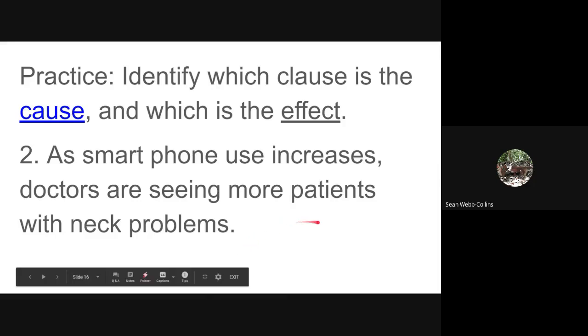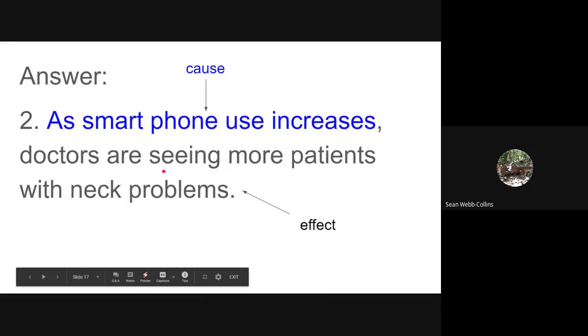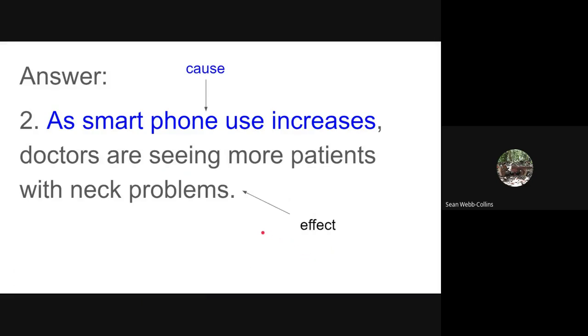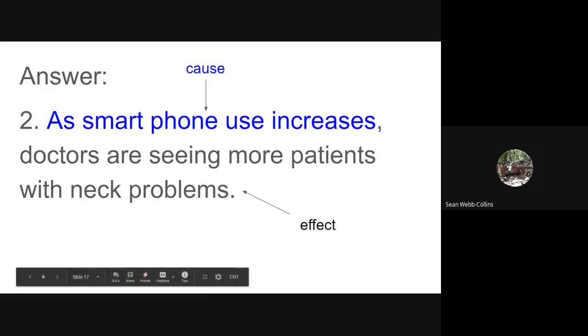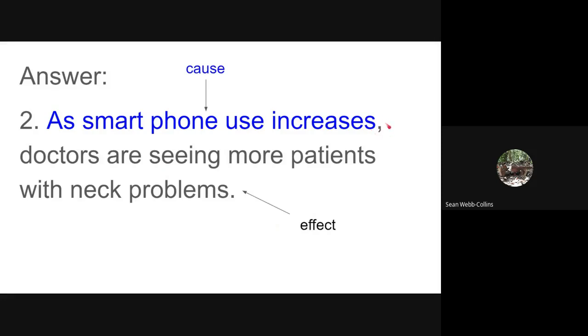Okay, let's turn the page and look at the next slide. Do you notice what part of the sentence points out the start and ending of the two different clauses? That's right, the comma. The comma is a good indicator to show where one clause begins and the other ends.